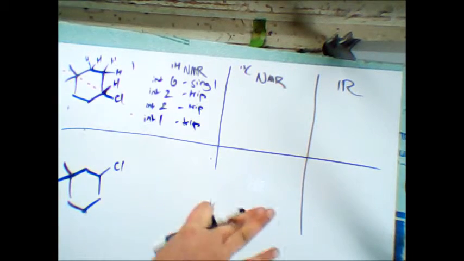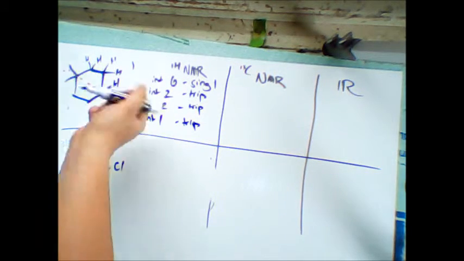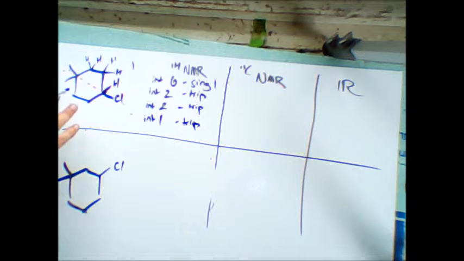Okay, CNMR. Count everything on the plane and to one side of it. So these 2 methyl groups are technically on the plane. And depending on how picky you want to get, you can count them individually. And you could technically have counted them individually for the HNMR as well.